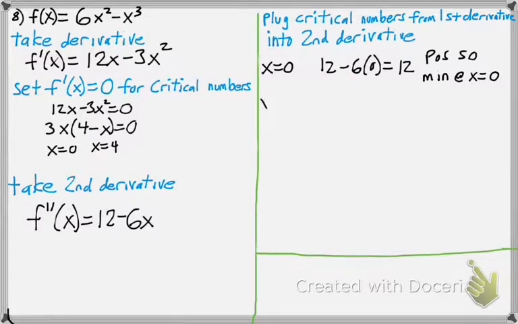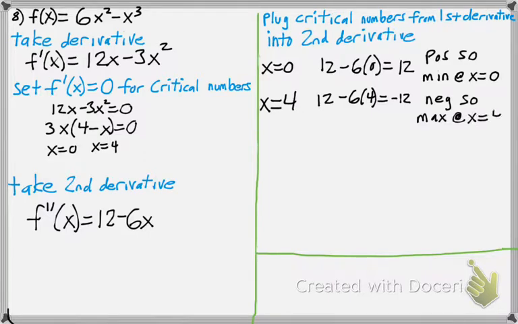And let's plug in 4. So this will be 12 minus 6 times 4. And that should get you negative 12. So because that's a negative number, that means that there's a maximum at x is equal to 4.